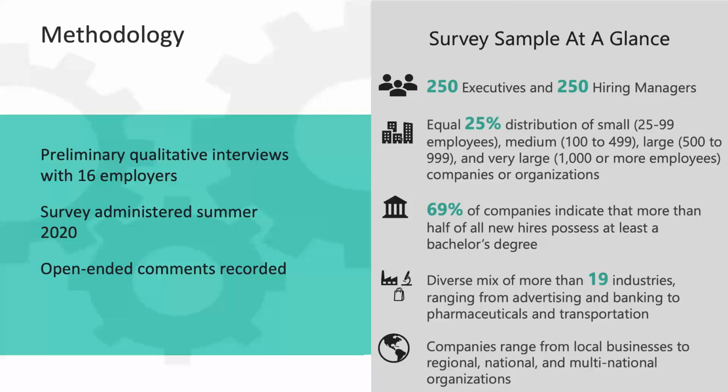Instead of just focusing on executives, who probably have a different perception and may not have a lot of hands-on interviewing opportunities with new graduates, we started interviewing hiring managers as well as executives, and there have been some interesting differences between those two populations.